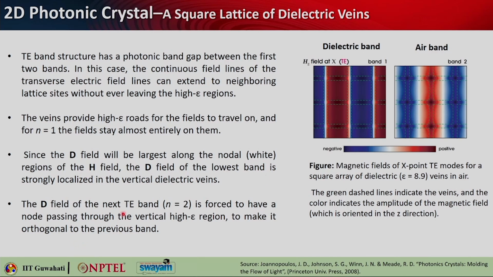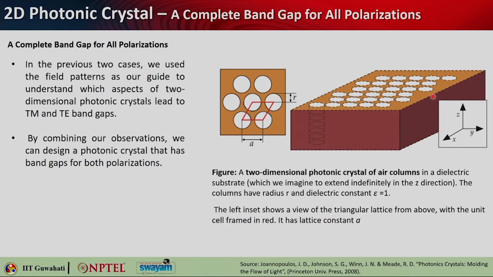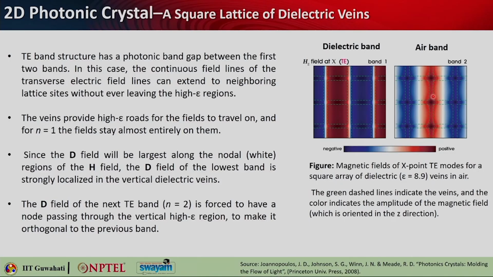The D field in the next TE band is forced to have the node passing through the vertical high permittivity region, to make it orthogonal to the previous band. This is how you get a band gap in these cases. I hope it is clear that this structure will have a TE band gap but not a TM band gap.